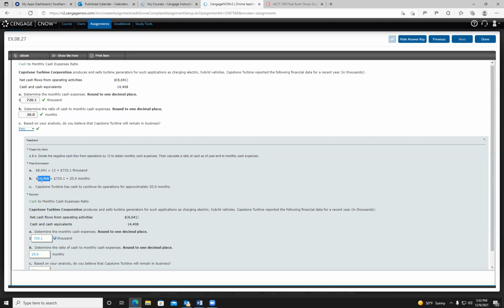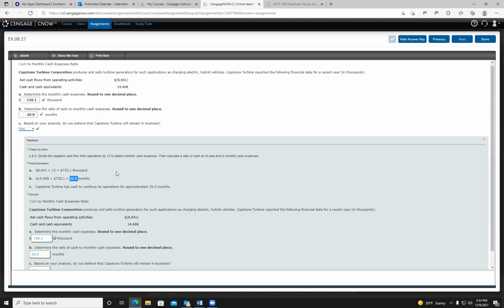Down here, we have our total cash divided by that monthly cash, and we have roughly 20 months. So we have almost 2 years' worth of operating expenses sitting in our cash account. Without any additional revenue coming in, we can continue paying monthly operating expenses for up to 20 months.